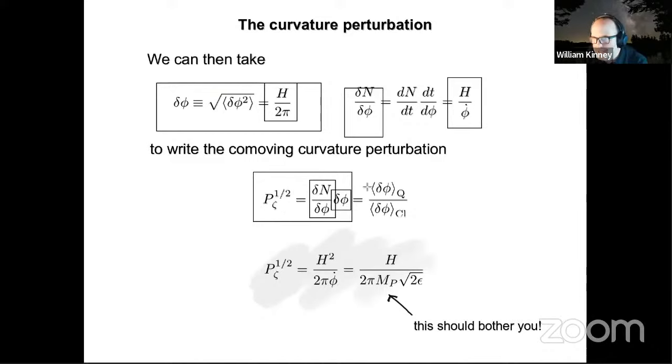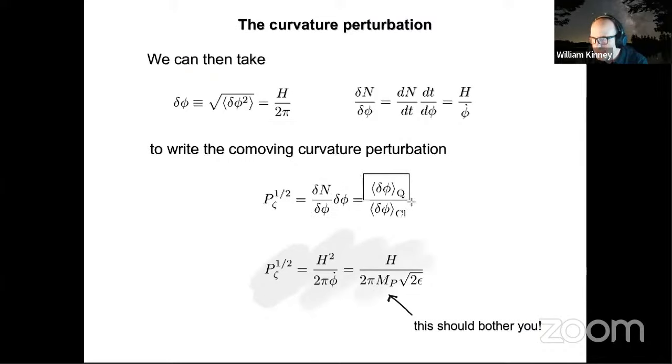What we find is that this is equal to H squared over 2 pi phi dot, right? This is the standard expression for the curvature perturbation that you're probably familiar with. An interesting thing is that this is equal to the ratio of the quantum fluctuation amplitude divided by the amount of field evolution in the Hubble time.